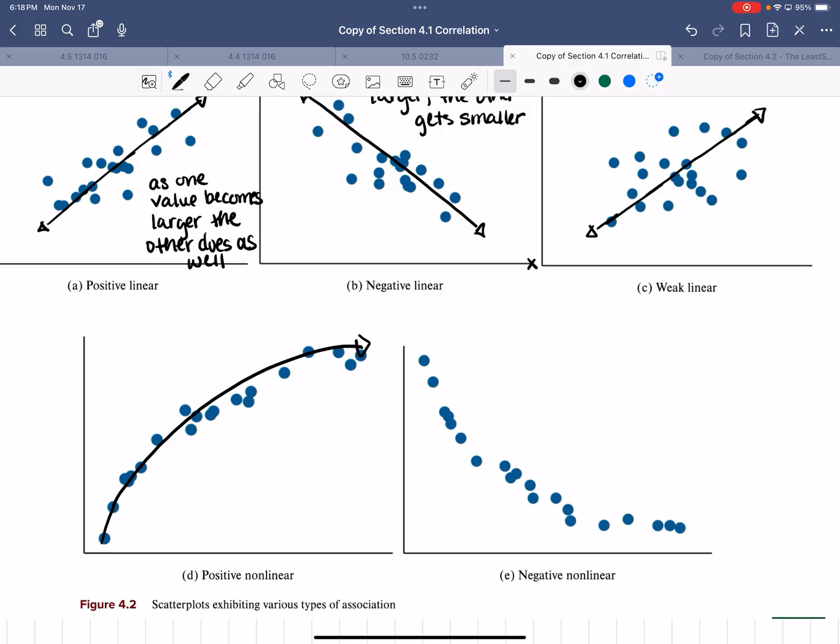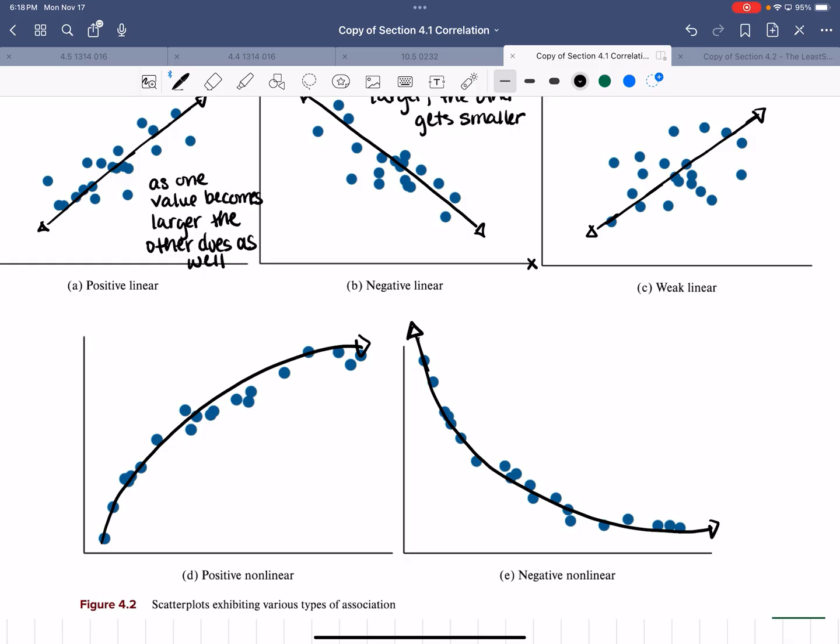On E, once again, we don't have a straight line. It looks curved, so it's a negative nonlinear. Those values are still falling.